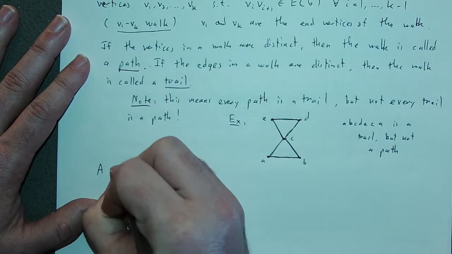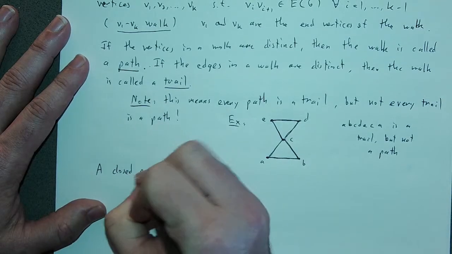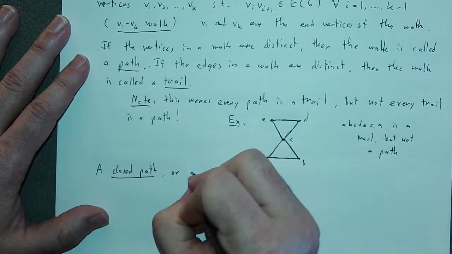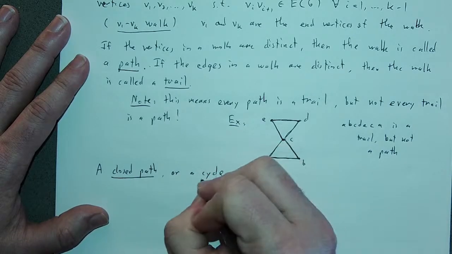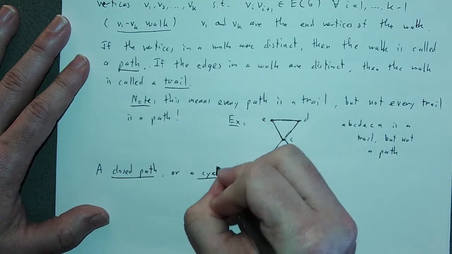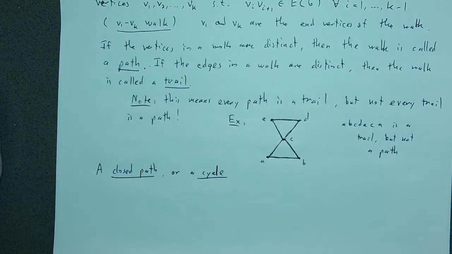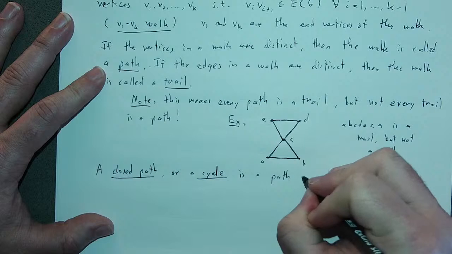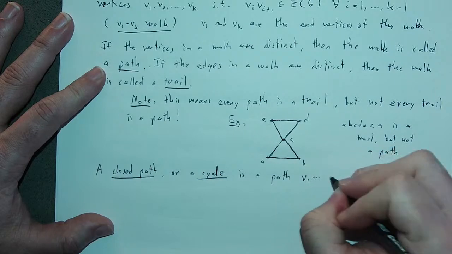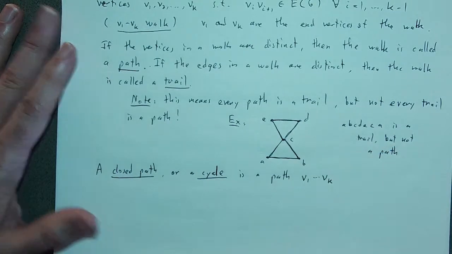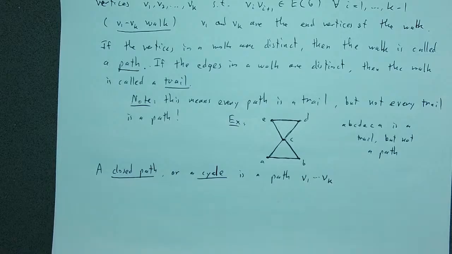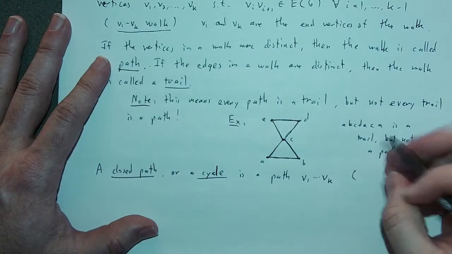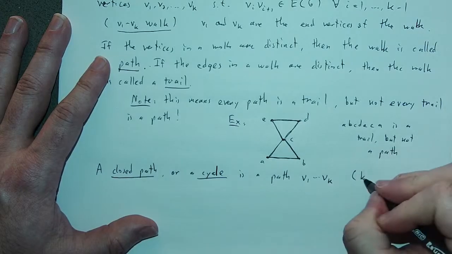So a closed path or a cycle, as it's called, is a path v1 to vk. Again, notice that now necessarily every v sub i is distinct here because this is a path. I'm going to write this here, and then I want you to think about why this is the case.